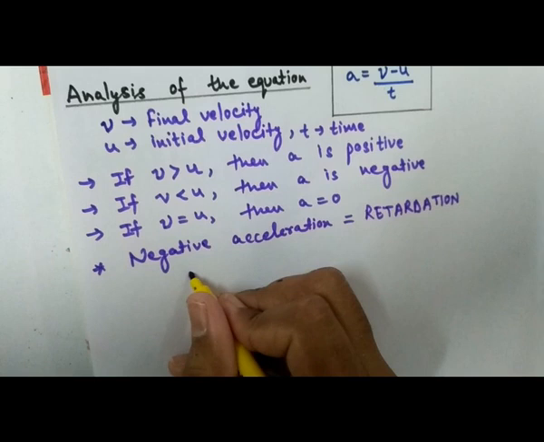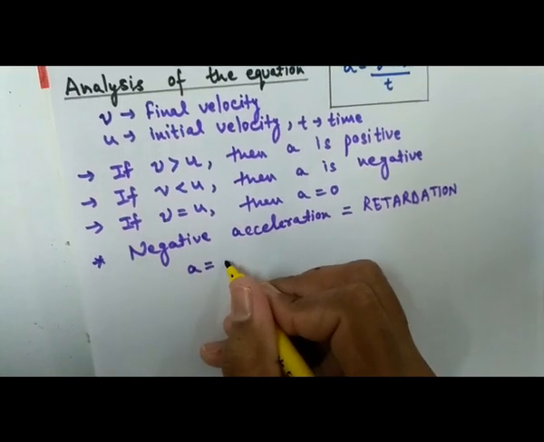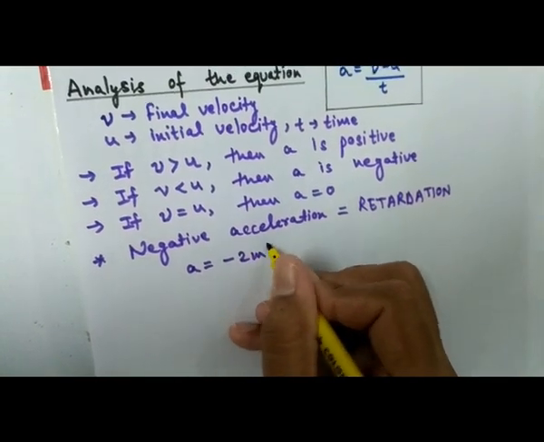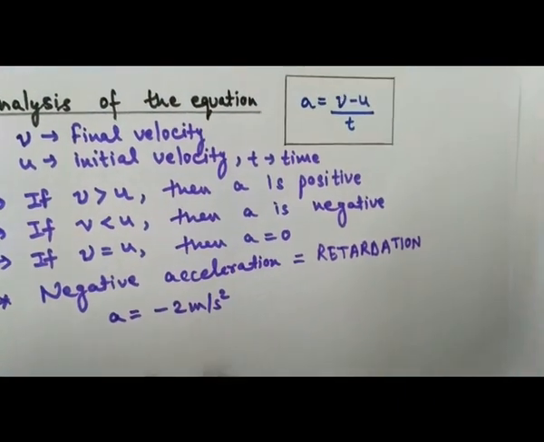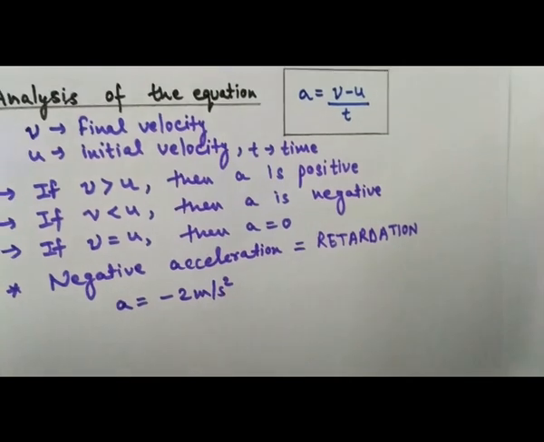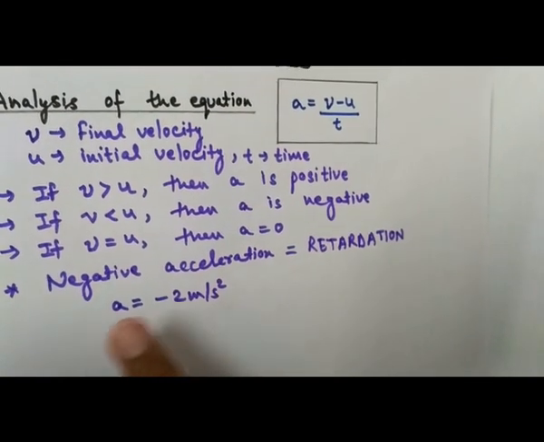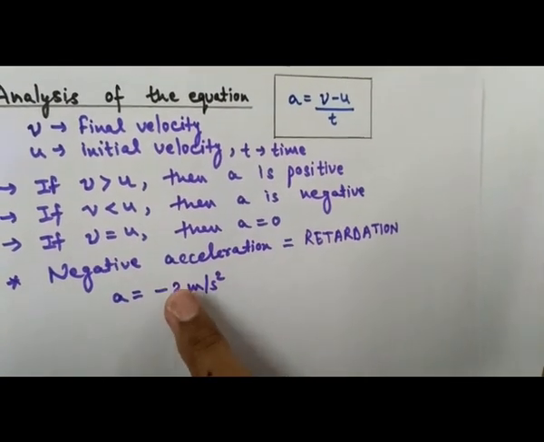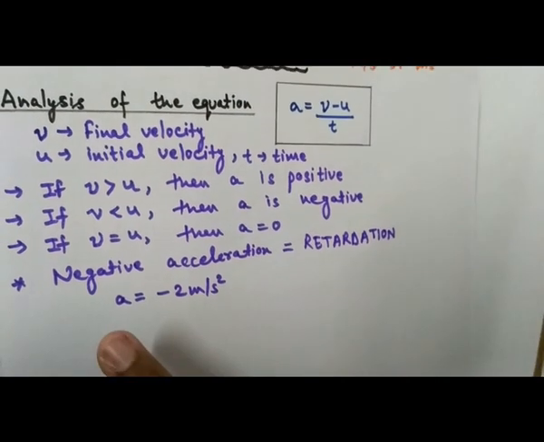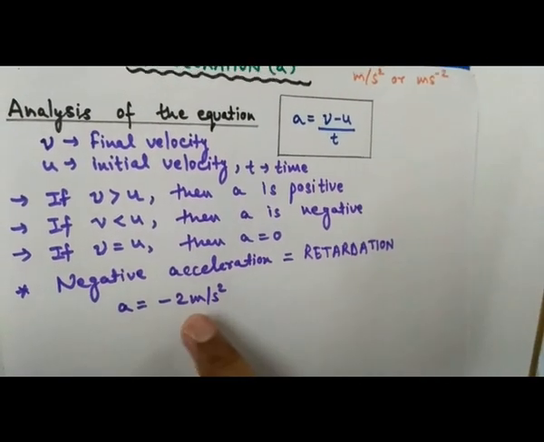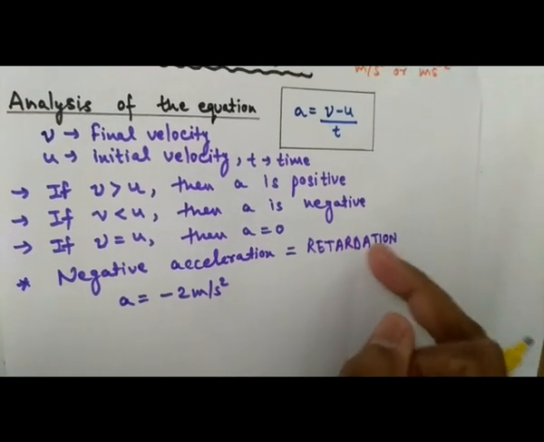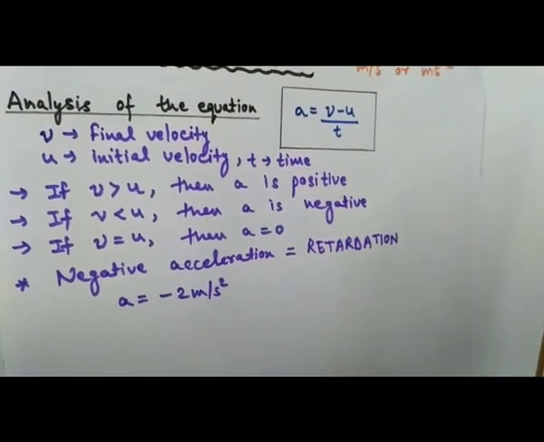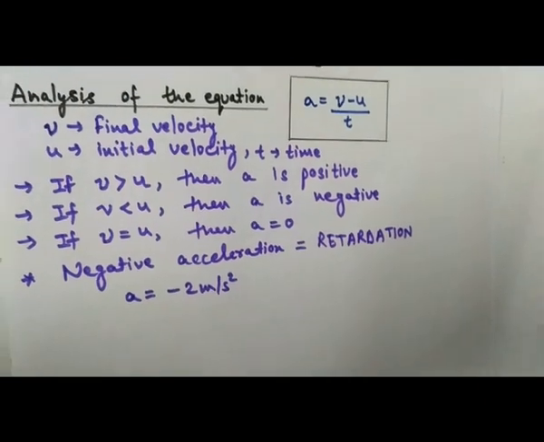Let's take an example: a is minus 2 meter per second square, having a negative value. Then there are two ways of saying this: acceleration is minus 2 meter per second square, or retardation value is 2 meter per second square. Retardation means negative value of acceleration.